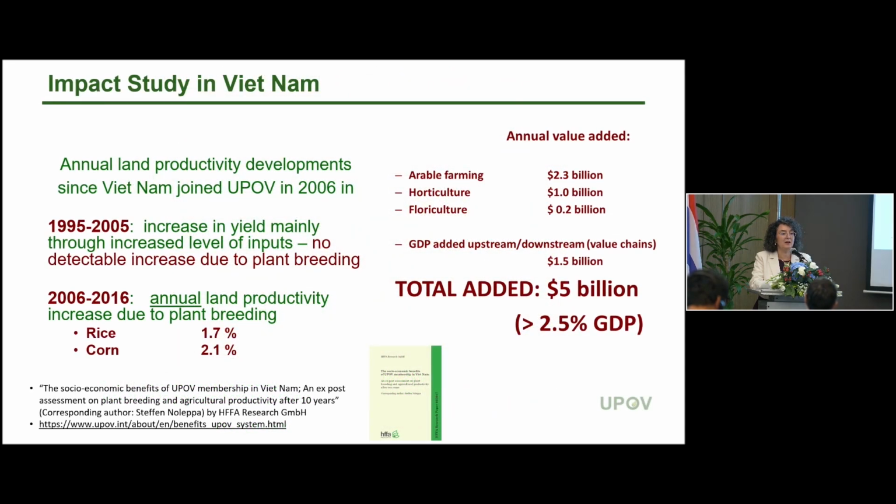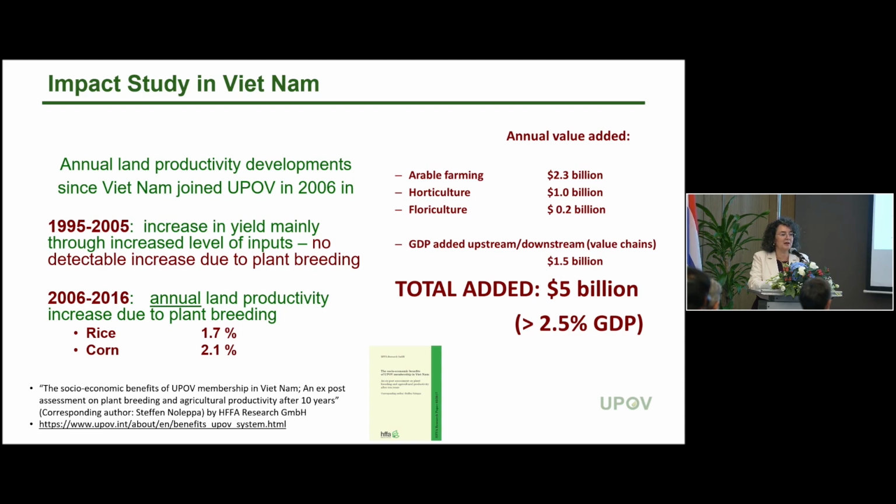Here again, we have one example of how an efficient plant variety protection system has been an enabler of greater access to improved varieties. The example of Vietnam, and this impact study that is available on the UPOV website, illustrates the increase in yield thanks to breeding and new plant varieties.